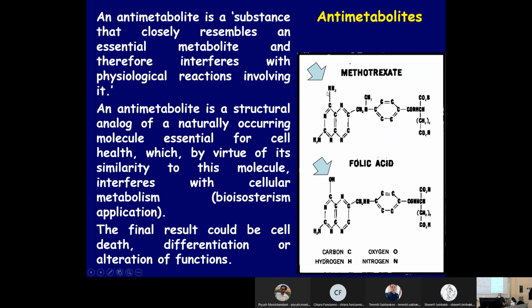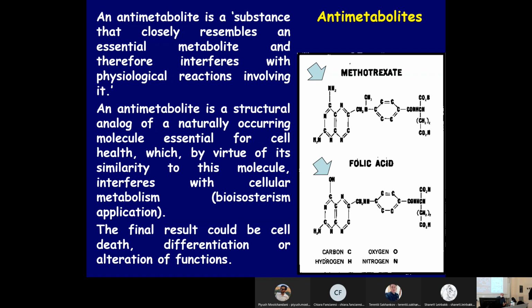Amino group has a lone pair, so it is able to increase the basicity of this heterocycle, in particular of this nitrogen atom. This nitrogen atom can be protonated at physiological pH, and so the final result is a strong interaction of methotrexate with the active site of a particular enzyme called dihydrofolate reductase.